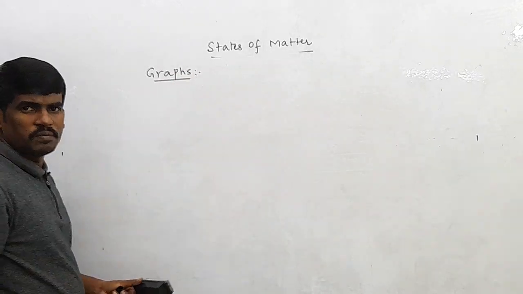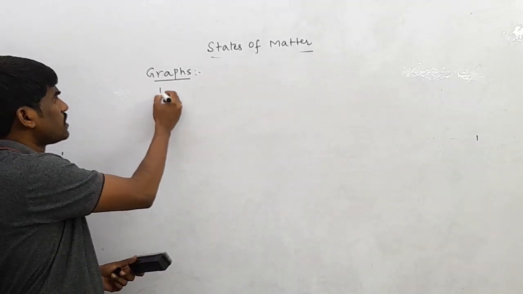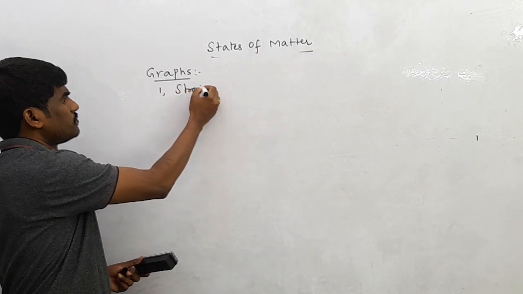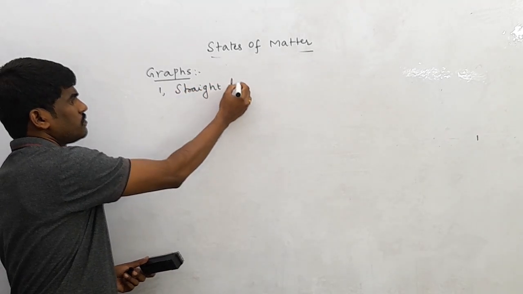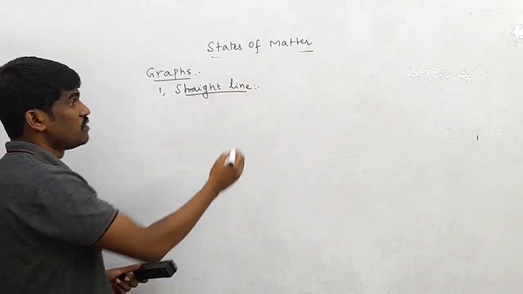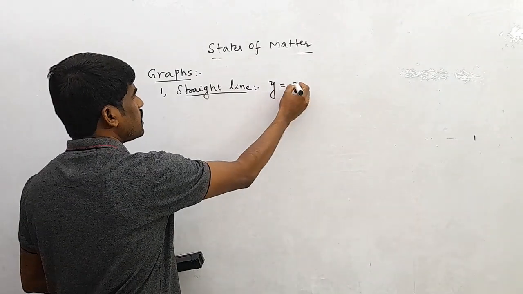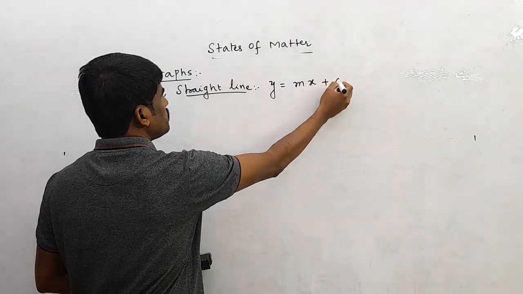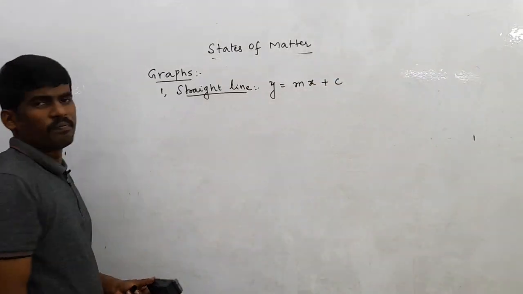Various graphs are possible. One is a straight line, a graph which follows the equation of a straight line, y is equal to mx plus c.